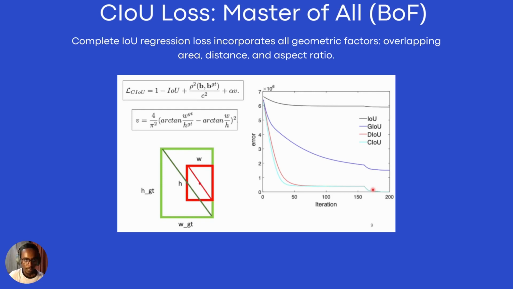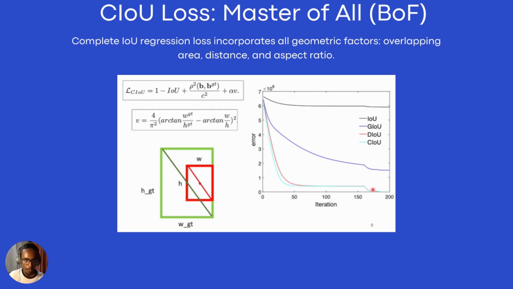So in order to compute the CIOU loss, 1 minus IOU is the same as before, as the IOU loss. Then when we added the rho squared divided by c squared term, we accounted for the distance between the centers of the two boxes, which is DIOU loss. Now we add another term, which is alpha multiplied by V, which is going to account for the aspect ratio of the two boxes.